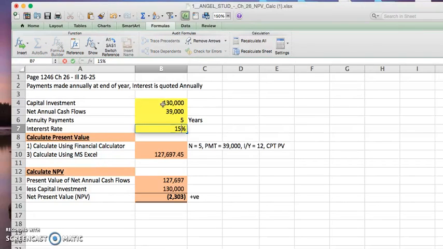So maybe 15.5, maybe 15.4, 15.2. I could do this game all night. So it's around 15.2%, maybe 15.1, something like that, would be my 0. So I'm making around 15% return on this investment, which, in today's economy, is pretty good. But depending on the industry and the business, there's a whole bunch of other factors. So I'll change this back to 12%, and that would be my net present value.